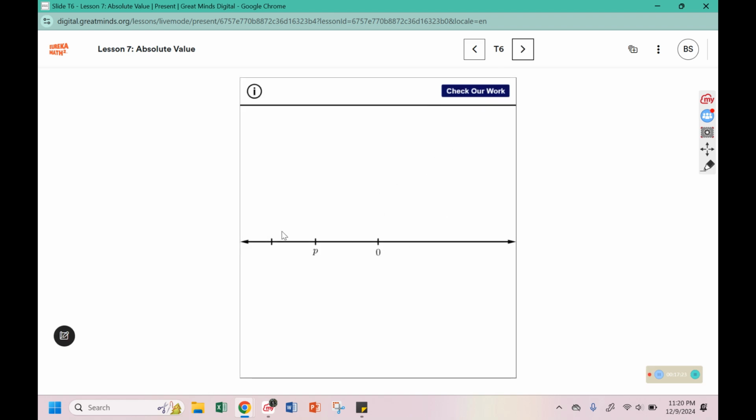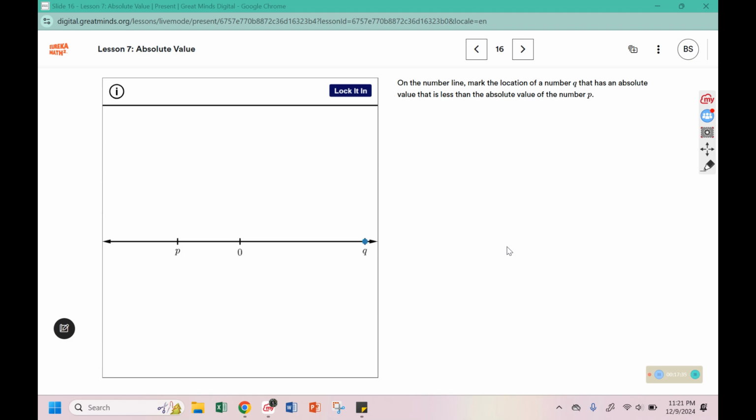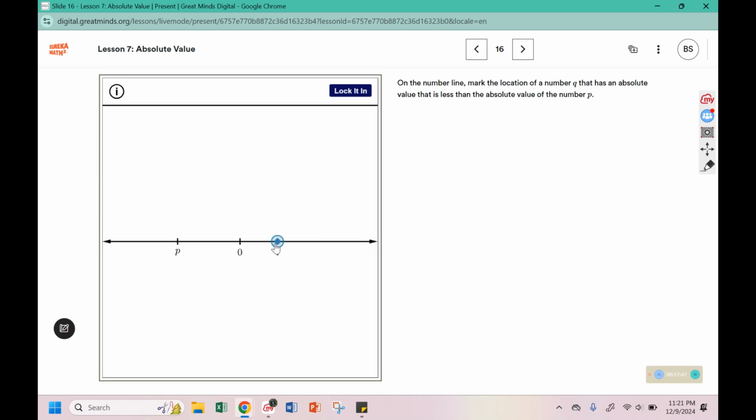This is just going to show us our answers, and then we can click check your work. This shows the distance from 0 to P. On this number line, mark the location of a number Q that has an absolute value less than the absolute value of the number P. So that means it should be closer to 0.